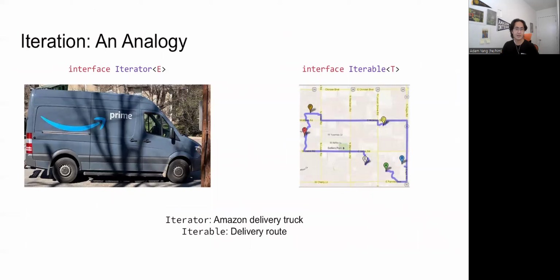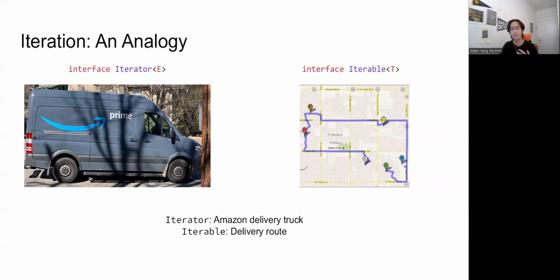So here's a little analogy to help you digest iterators and iterables. You can think of an iterable object as some kind of delivery route that the driver wants to take. And you can think of an iterator as an Amazon delivery truck. So the delivery truck can check whether they have another stop to deliver to, right? This is sort of equivalent to the hasNext method within an iterator.